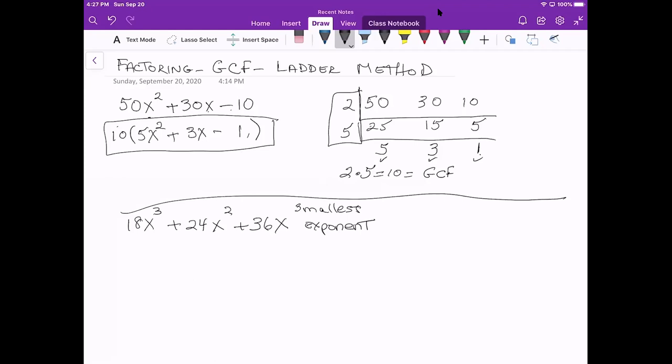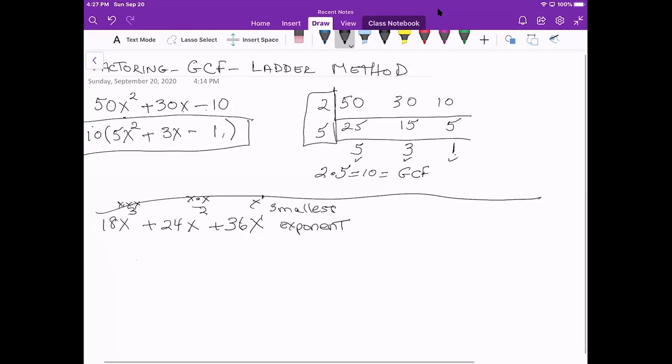Because this x cubed actually has 1, 2, 3 x's multiplying. x squared is 2 x's multiplying, and x is just x to the 1. Now, if I pick the larger one, 3 of them, well, I don't have 3 here, and I don't have 3 here. It's not common. But the smallest exponent is common in each one.